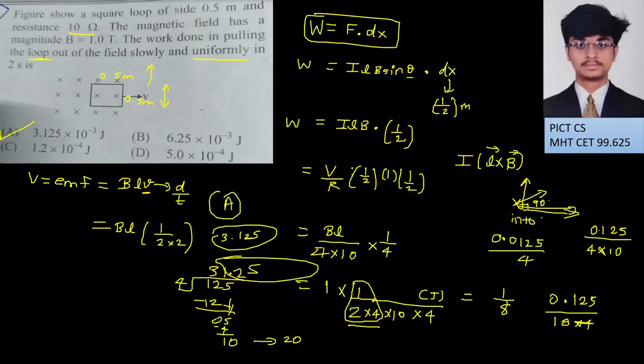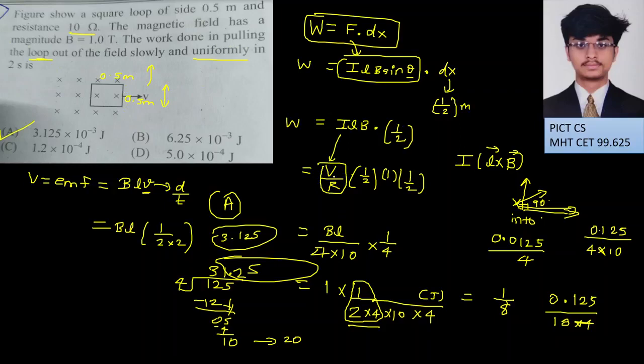So what you need to understand in this question is the transformations we have done. We have written F as ILB sine theta, and we have considered dx. We have to pull the loop, so the distance we have to cover is half a meter. And then I wrote current as voltage upon resistance.